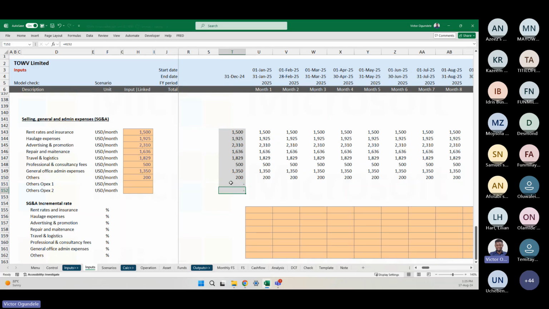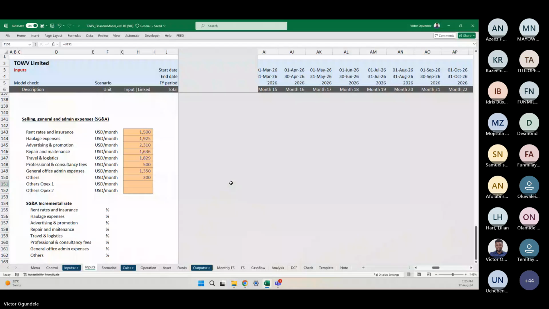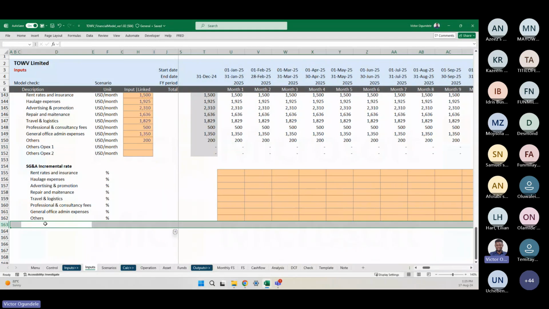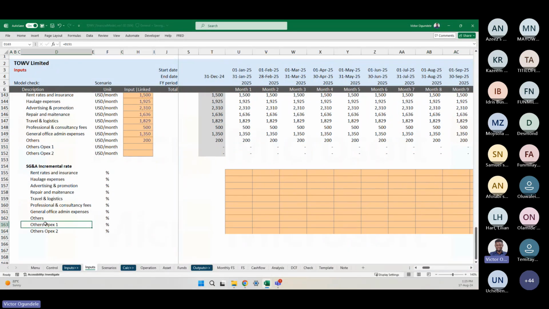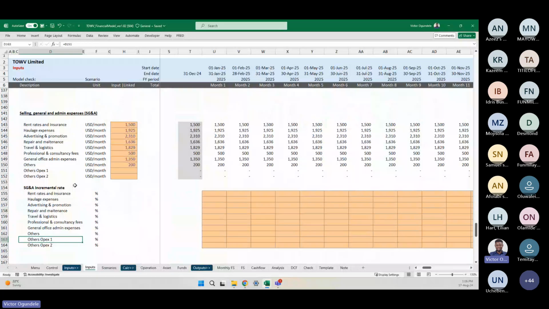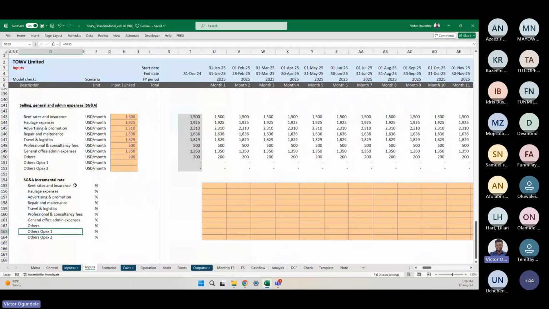Hope we get that logic. Yep. So just make room for the additional line items. Also include that in your SG&A incremental rate in case they want to add any line item to it. Yeah, that's fine.